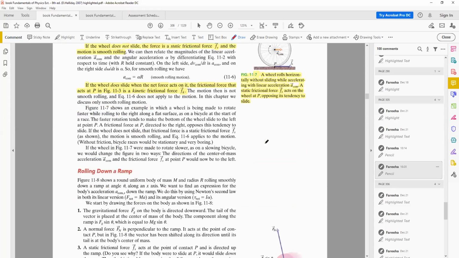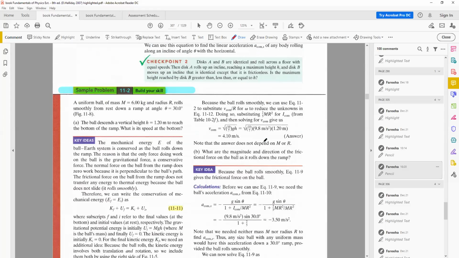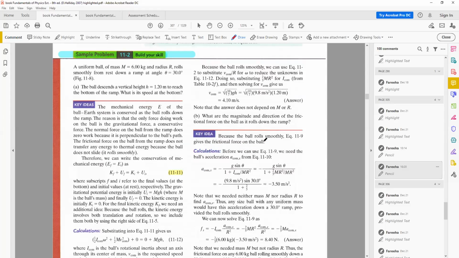So now we go to the next one. Let's talk about this one. In this case, we have a uniform ball of mass m equal to 6 kg and a radius capital R. It's rolling smoothly from rest down a ramp at an angle of 30 degrees.